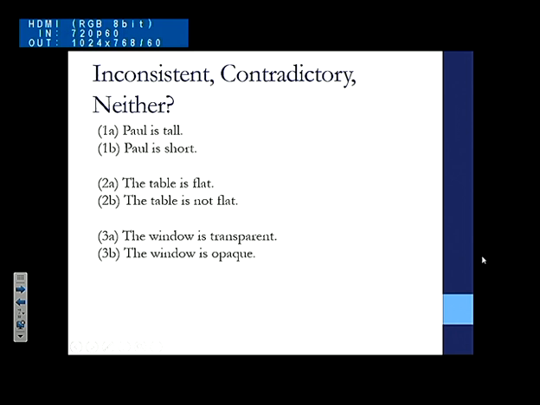So who says contradictory? A lot of you. Who says inconsistent? All right, one. Now notice, you can't say a pair of statements is contradictory and not inconsistent. Why is that?